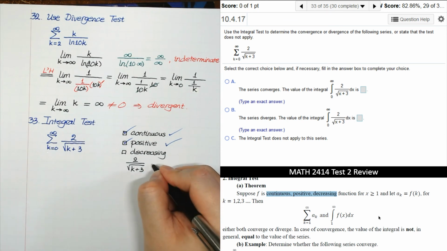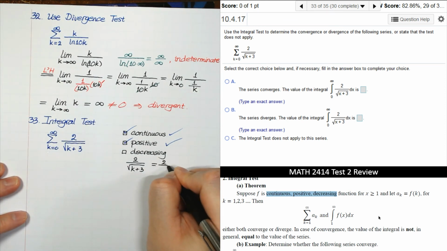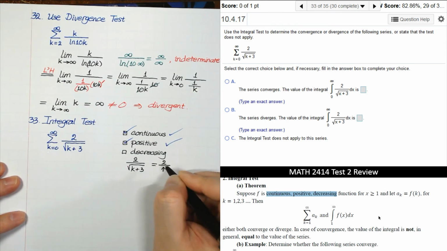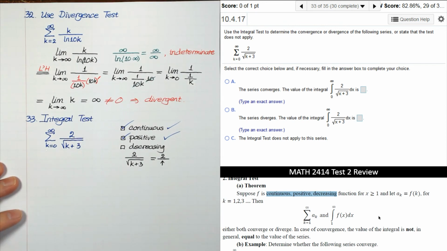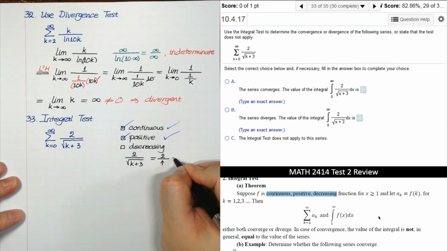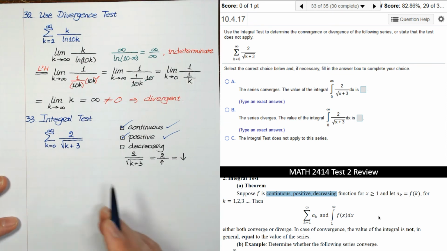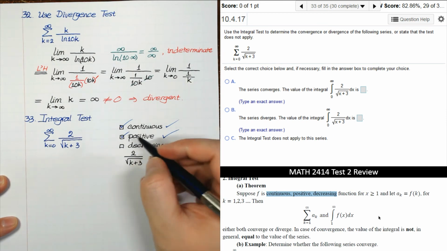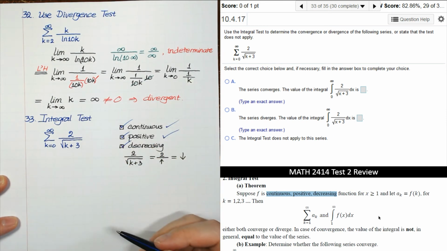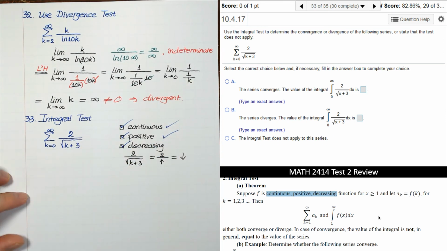If the bottom keeps increasing, then the whole thing has to be decreasing. If we're increasing the denominator, the whole thing decreases, right? Yeah, so we only need to verify that. Having said that, it has to be true for all of them. Otherwise, the integral test will not work.